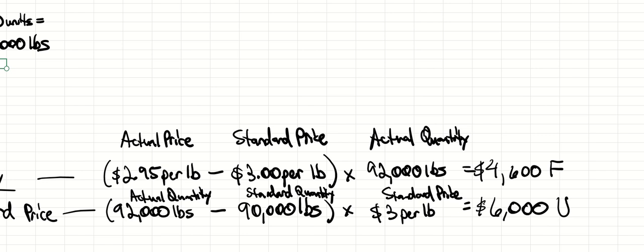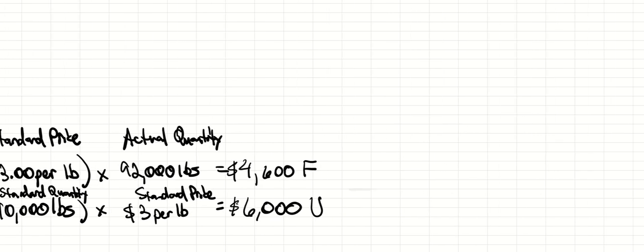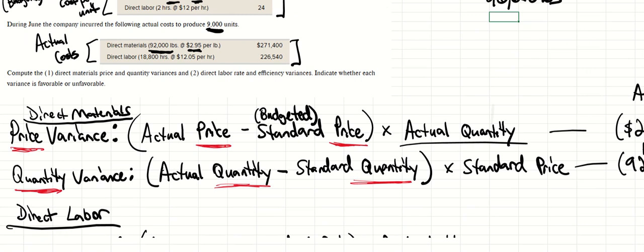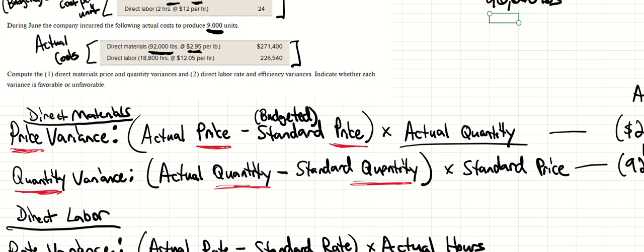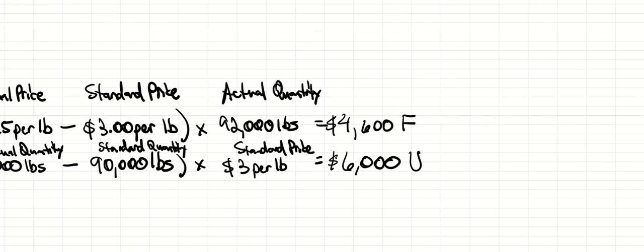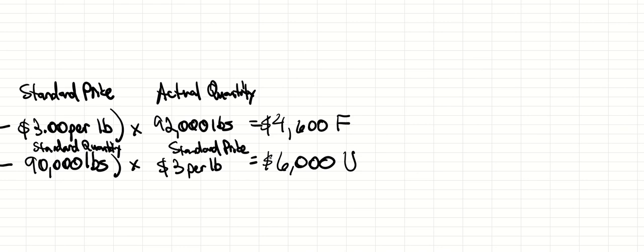So that variance is unfavorable. If I scroll over here, we're done computing the direct materials variances. Now we have to figure out what the total direct materials variance will be, and indicate whether it's unfavorable or favorable, by taking the price variance and the quantity variance that we just calculated and subtracting them from one another, since this is an unfavorable variance going against a favorable variance.